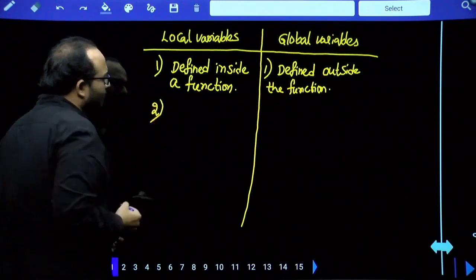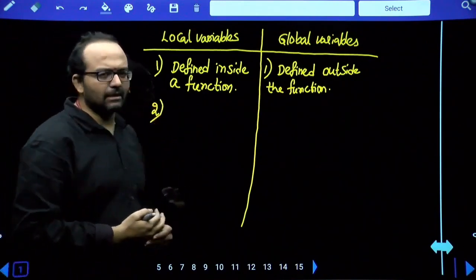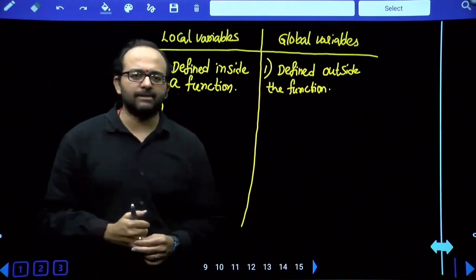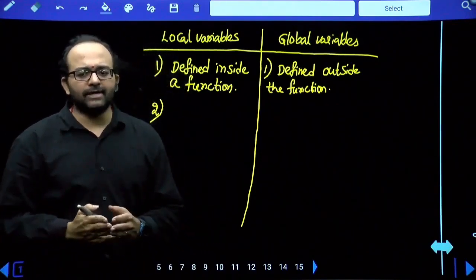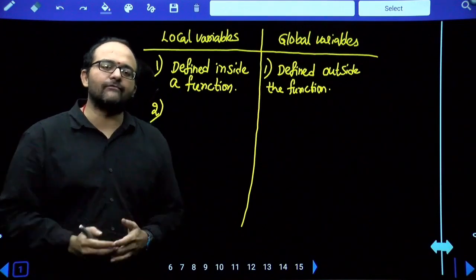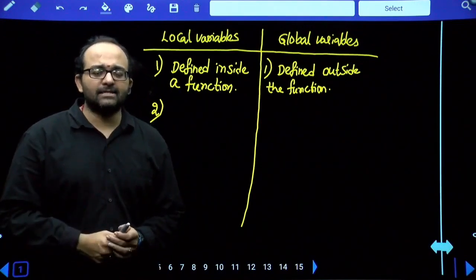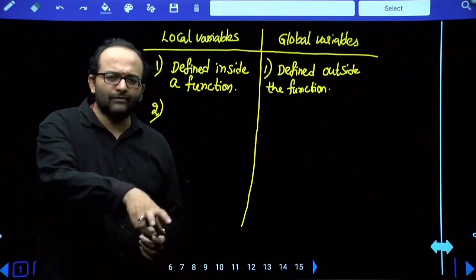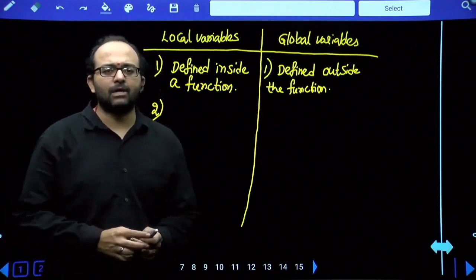Okay, so next, what is the accessibility of the local variable and what is the accessibility of the global variable? If you observe the local variable, it is accessible within the function, whereas the global variables are accessible to all the functions, or we can say entire program.